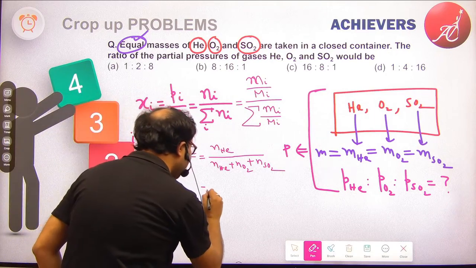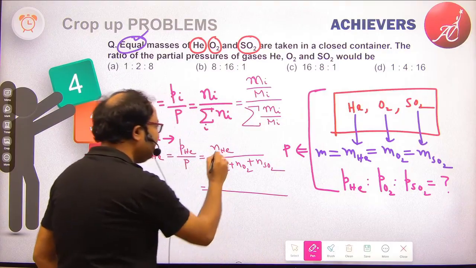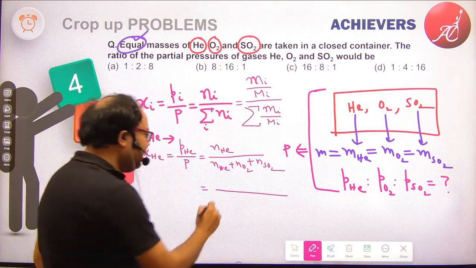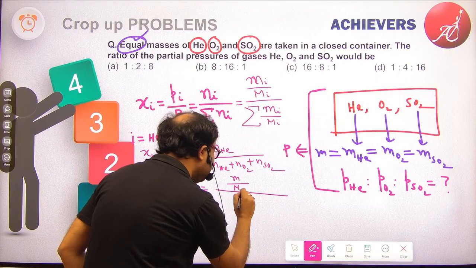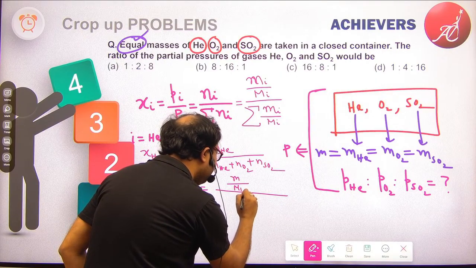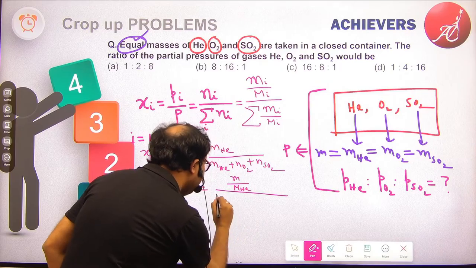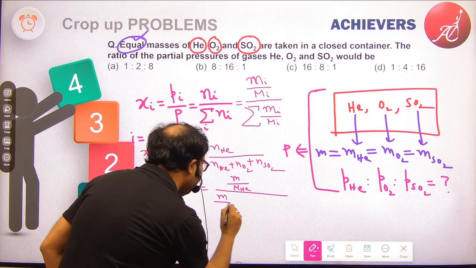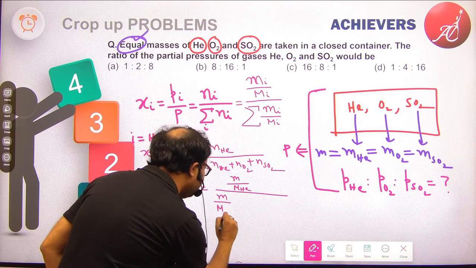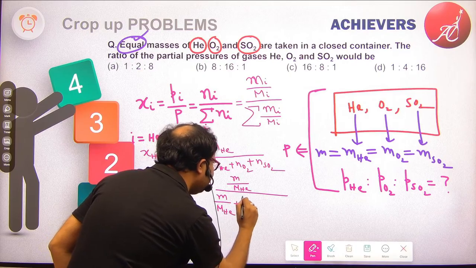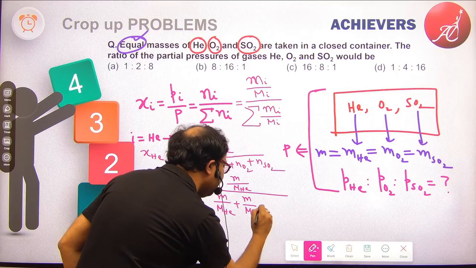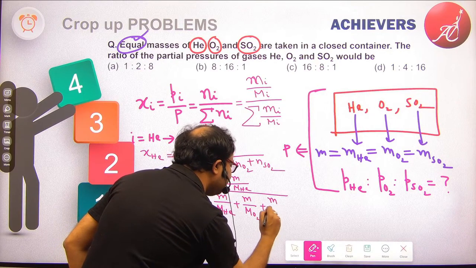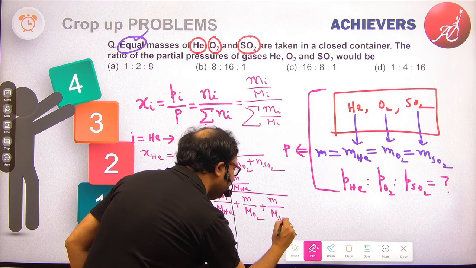So you have to do one more step. Number of moles of helium is mass of helium, which is m, divided by molar mass of helium, plus mass of O2 divided by molar mass of O2 plus mass of sulfur dioxide divided by molar mass of sulfur dioxide.